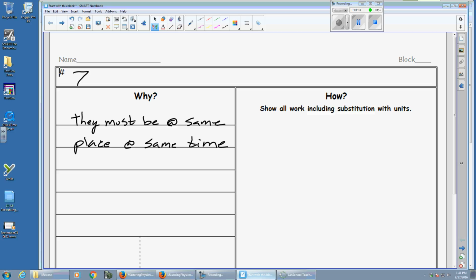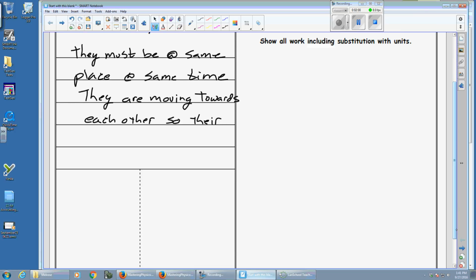And I might say things like, they are moving towards each other, so their velocities have opposite signs.